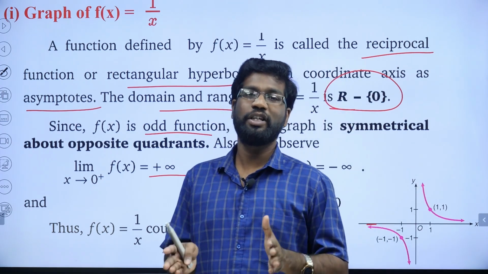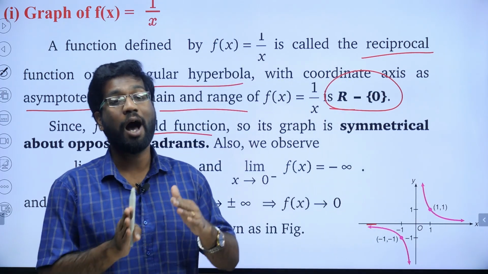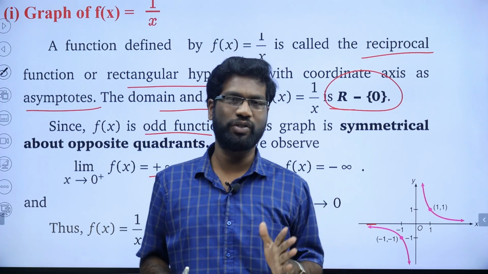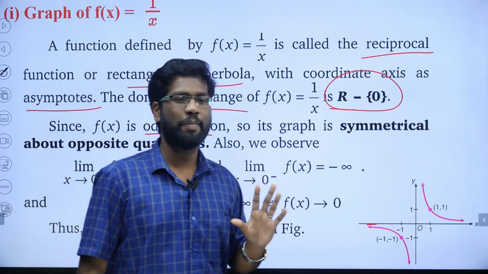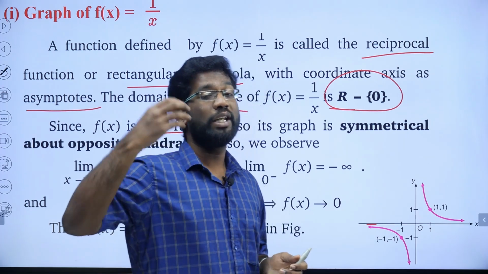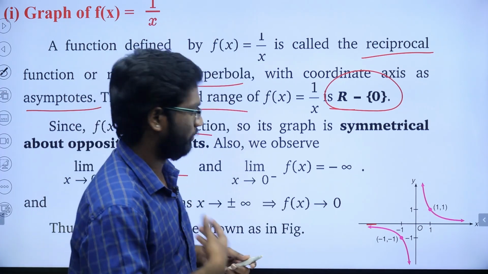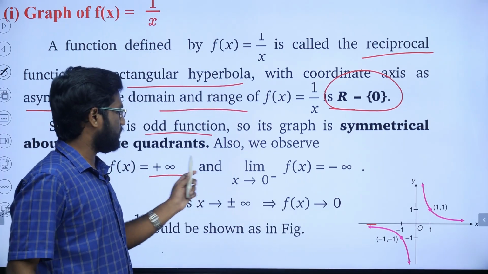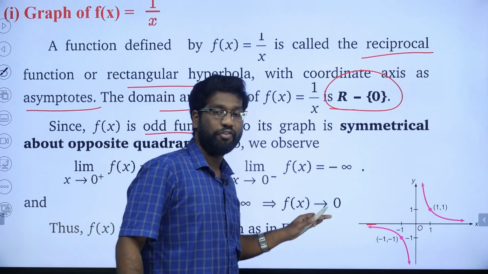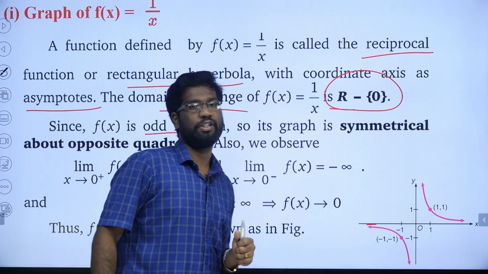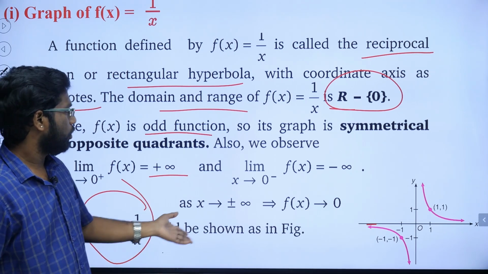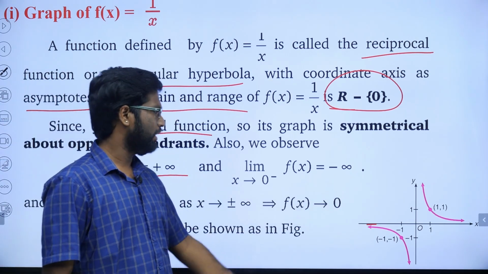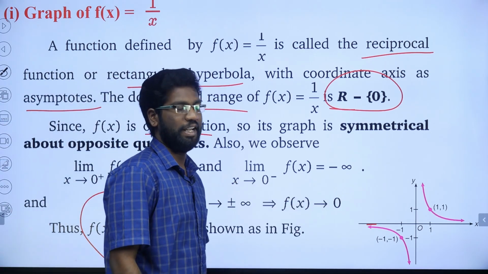There is a difference between does not equal 0 and approaches 0 or tends to 0. Everything let me explain in the calculus topic, my dear students. At that time you will enjoy a lot, I am sure. As x tends to plus or minus infinity, f of x tends to 0, my dear students. Okay. Thus, f of x equals 1 by x could be shown in the figure. These things I have explained to you, my dear students.